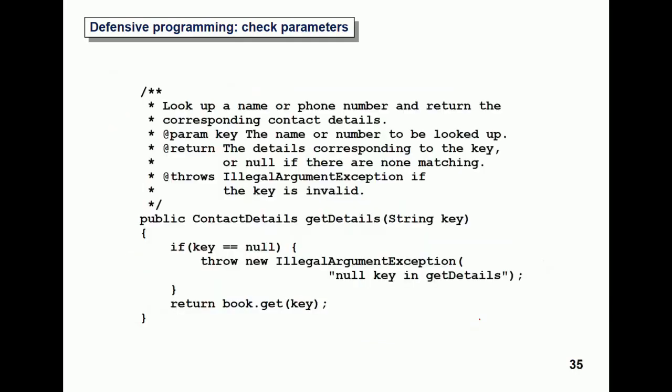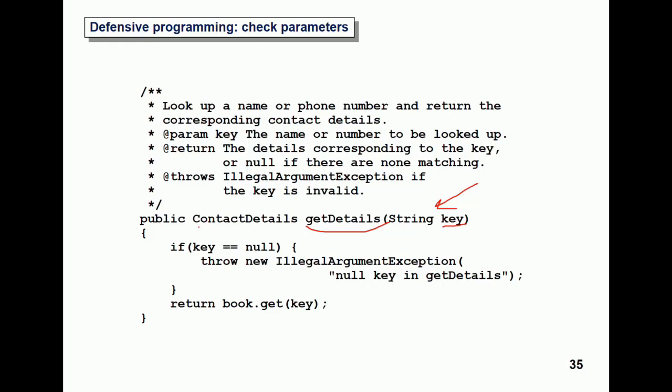Here's an example of how you would do some defensive programming. I've got a method here, and it's getting somebody's details. We're passing some kind of a string to it, here it's a key. A very typical thing that you should always do whenever a string or any object is being passed into a method is to check for null.